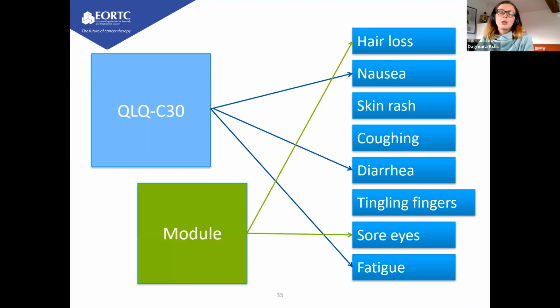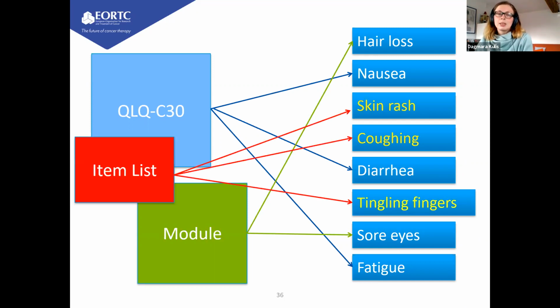We'll also have a disease-specific module that will cover hair loss and sore eyes. But then we are still missing a few of those symptoms. So we will make an item list with the items from the item library that will allow us to measure everything with that measurement system.